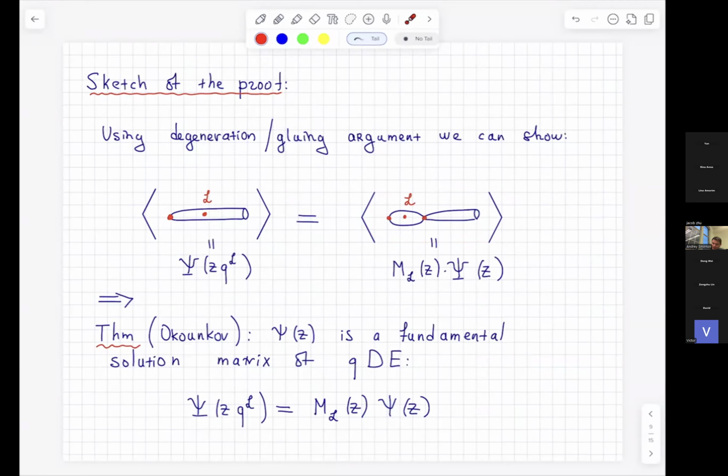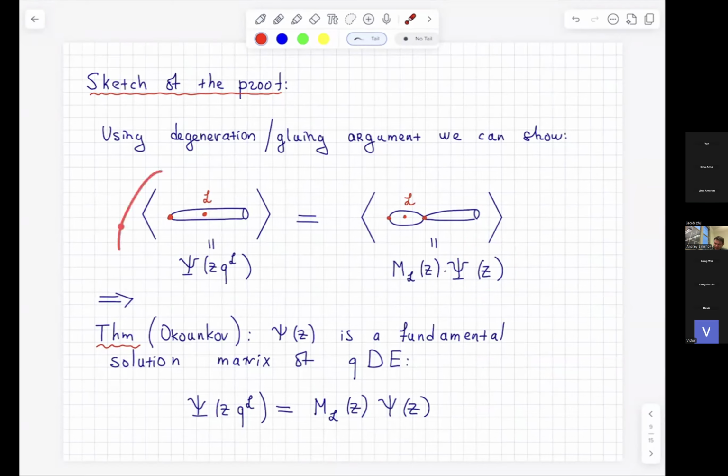The result is that one partition function is equal to the original partition function with the scalar parameter shifted by some power of q, which I denoted here by q to the power l. It depends on the insertion. And on the other side, you have exactly this part, the quantum multiplication by this m times the original partition function z.